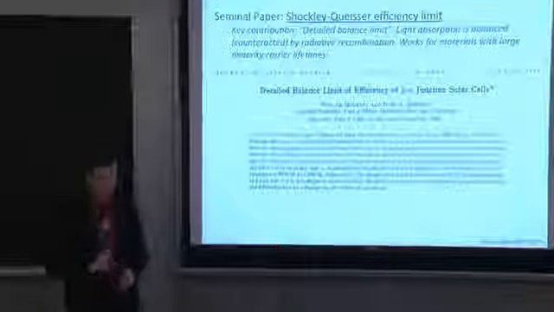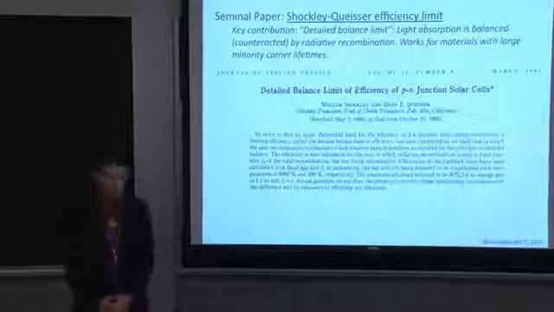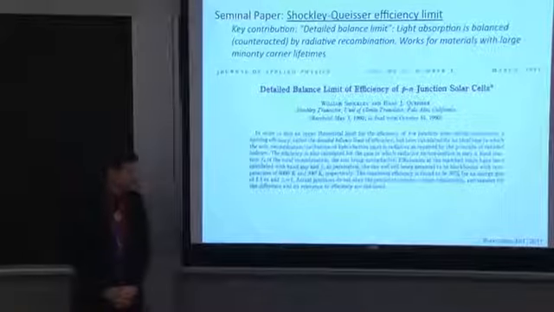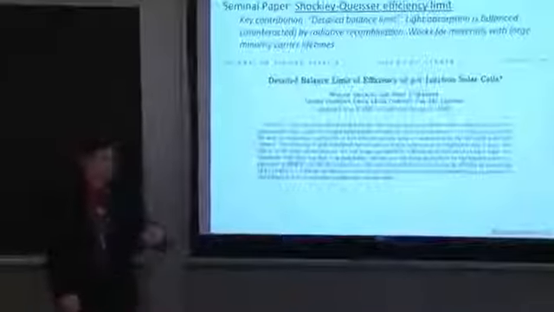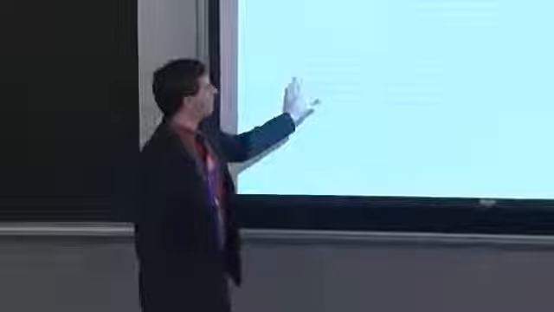Radiative recombination is one of the methods of limiting performance that occurs in high quality materials. If you have a poor quality material, you'll have non-radiative recombination, say Shockley-Read-Hall recombination. But in the detailed balance model, only radiative recombination was assumed. That way you can count the number of photons coming in and the number of photons going out of your device.